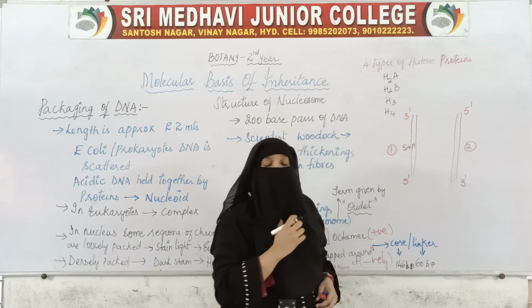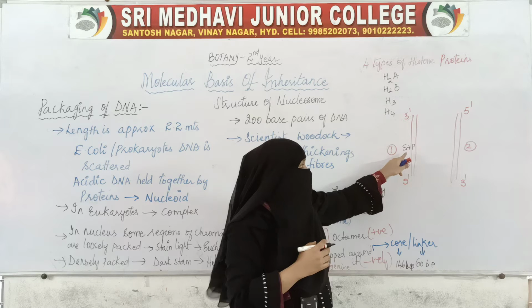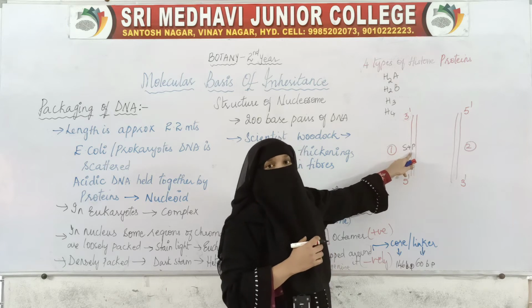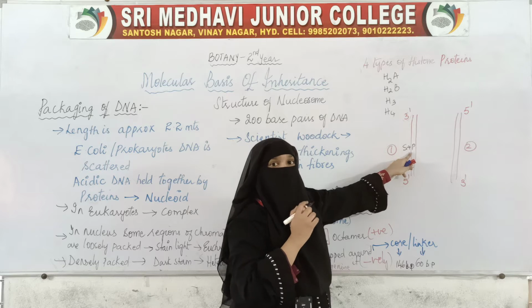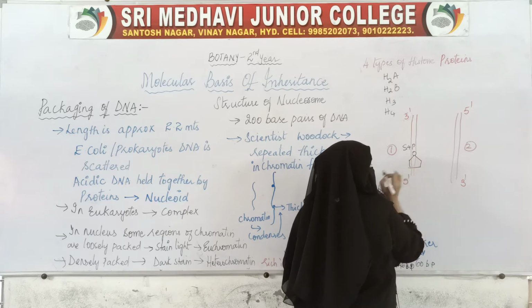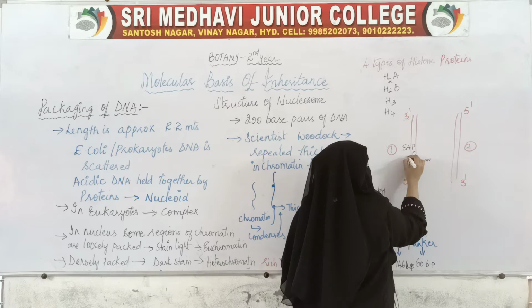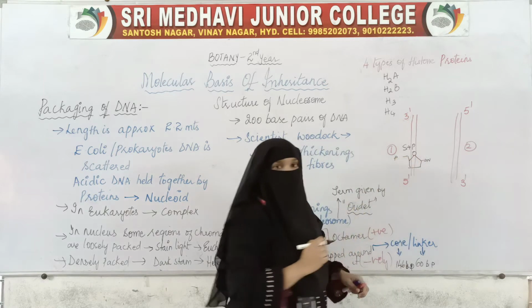The backbone, the skeleton of these strands, is made up of sugar and phosphate. We have seen this structure of the sugars, and the nitrogenous base is attached at the first carbon. To the fifth carbon, the phosphate group is attached.